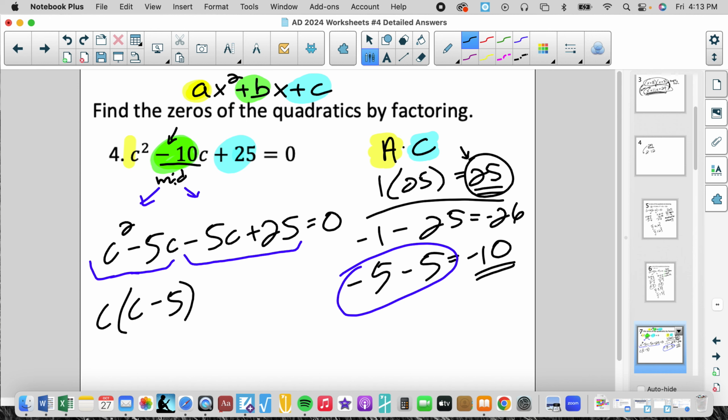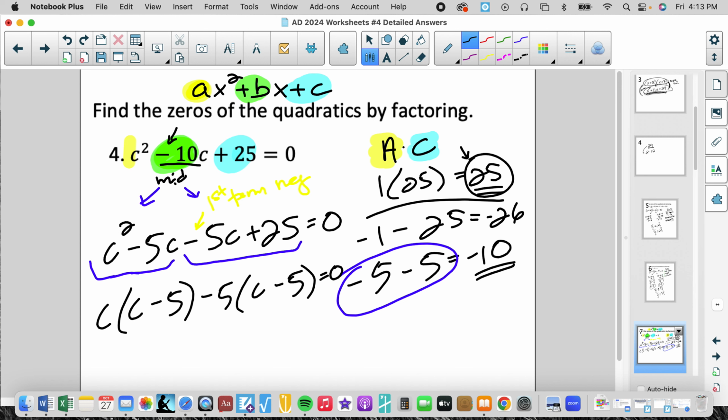Now, let's factor the next group. We have to be aware that our first term is negative. When our first term is negative, we must factor out a negative in that GCF. So negative 5c and positive 25, I can factor out a negative 5. So if I divide negative 5 into negative 5c, I get c. If I divide negative 5 into positive 25, I get negative 5.